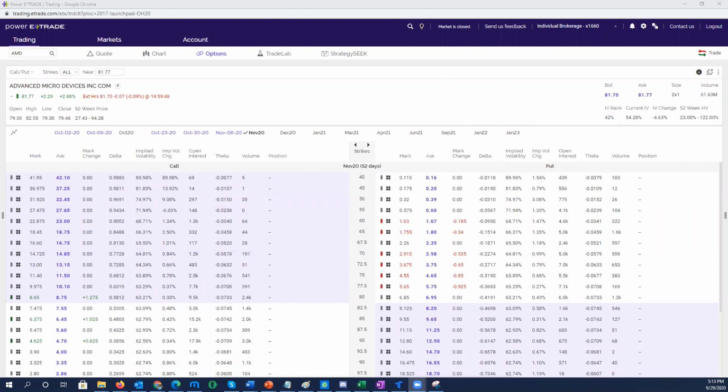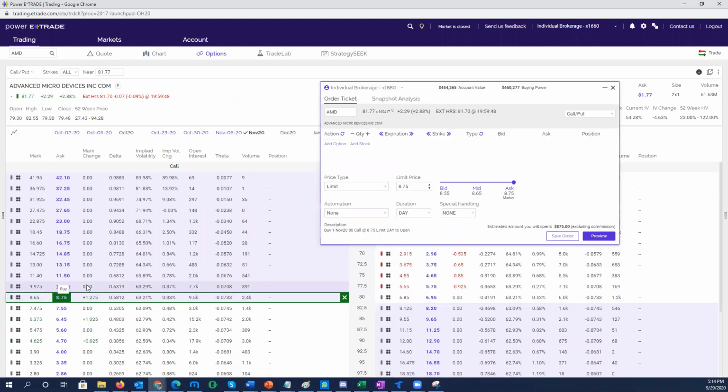I have one last question. Yeah, go ahead. When you buy an option, there's a price type, limit price, but under the price type there's a bunch of options underneath. The automation, what is that? What is the duration? What is the special handling? Can you just go over that briefly? For any option that you're buying, you just click that one.